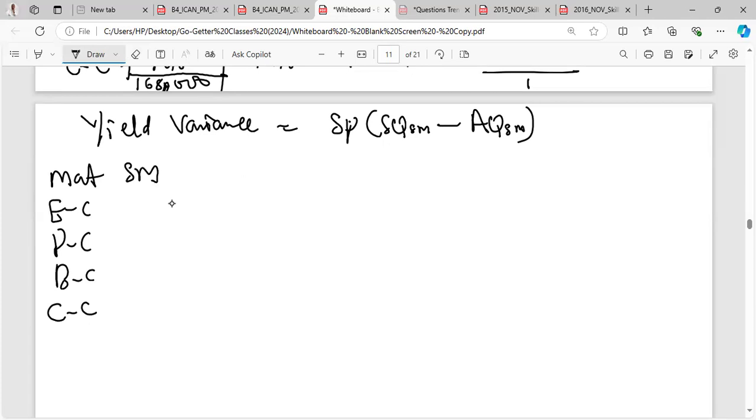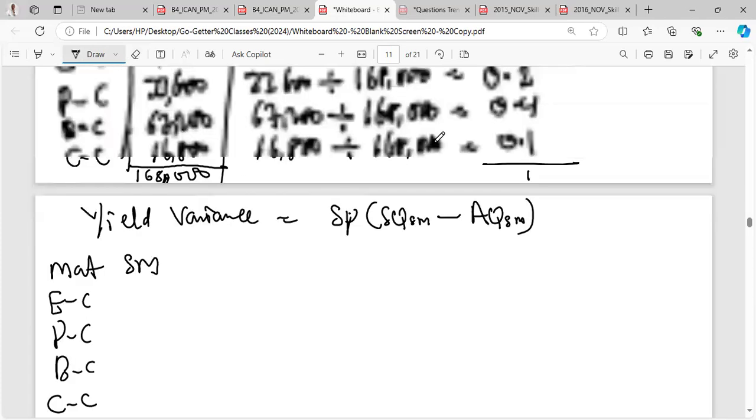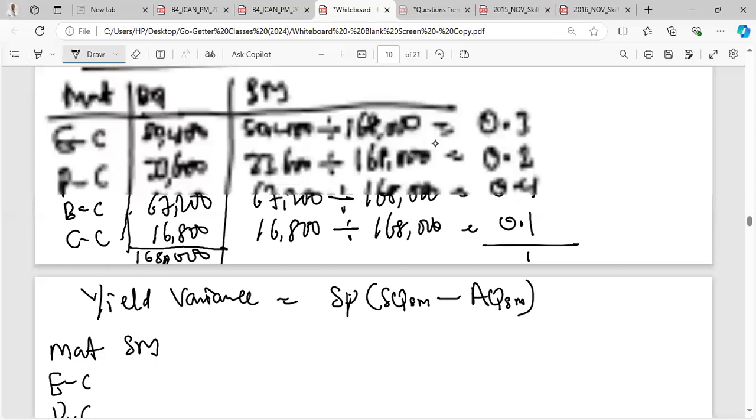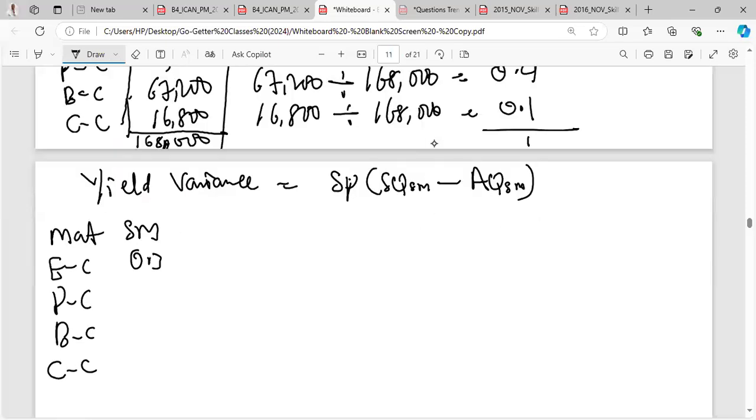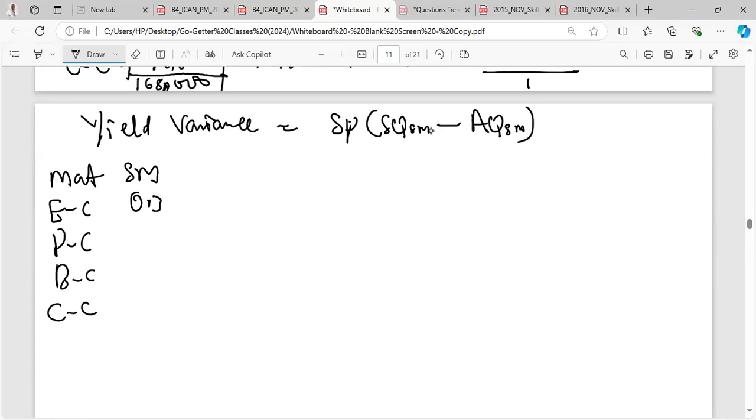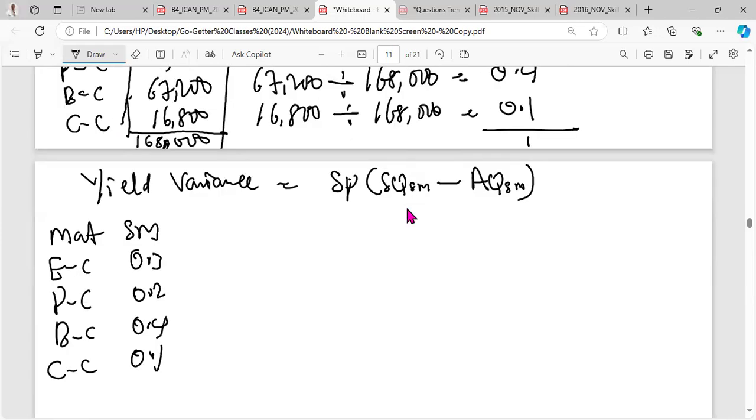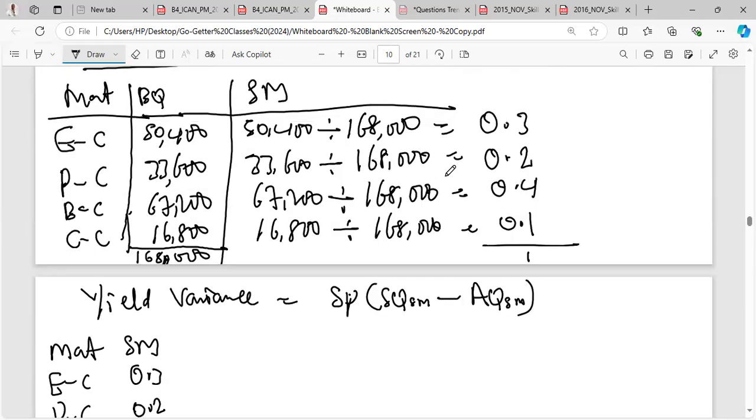Our standard mix here is 0.3, 0.3, 0.2, 0.2, 0.4, 0.1. So that's your standard quantity, standard mix. I think that's what we did before.